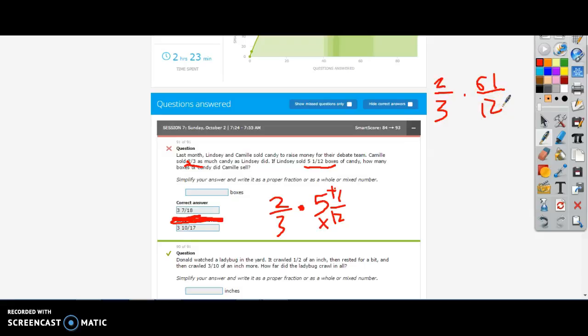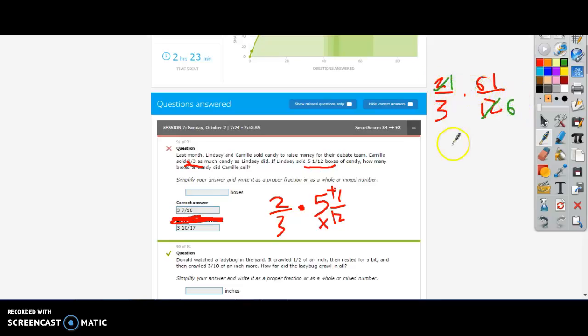And now here, I want to make sure that I am simplifying, because if I don't simplify right now, I'm going to work with pretty big numbers. So here, if I simplify the 12 and the 2, because they're both even, I know I can divide both of them by 2. So I'm going to leave a 1 right here, and 12 divided by 2 is 6.